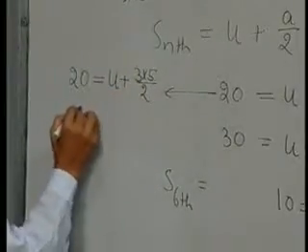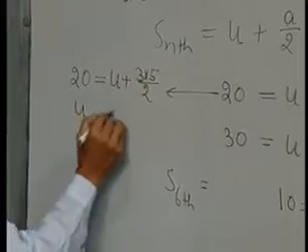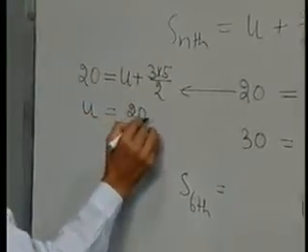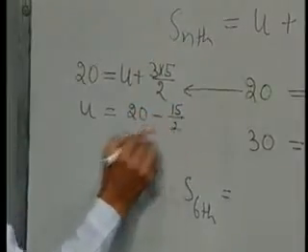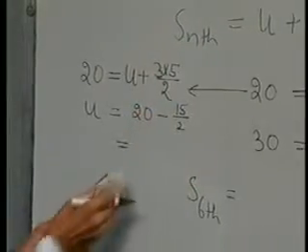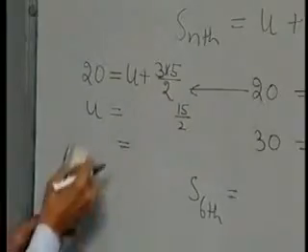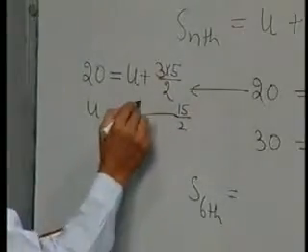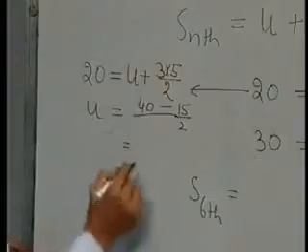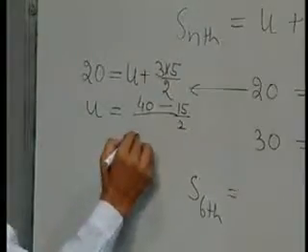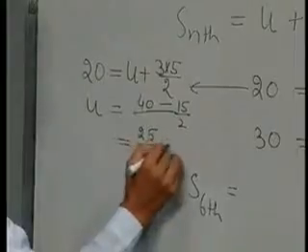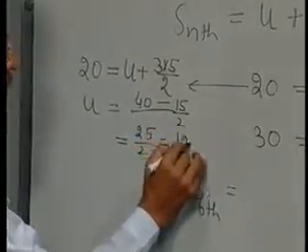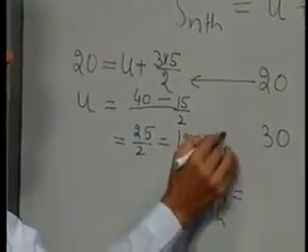So, u is equal to 20 minus 15 by 2. Taking LCM 2, we can write this as 40 minus 15 by 2, which is 25 by 2. So, u is equal to 12.5 meter per second.